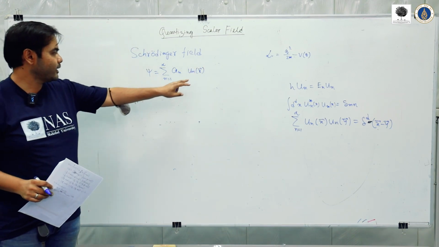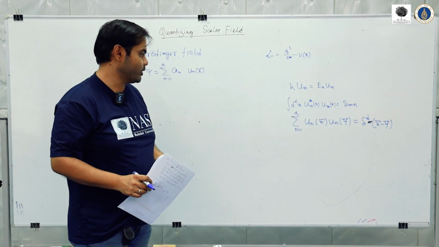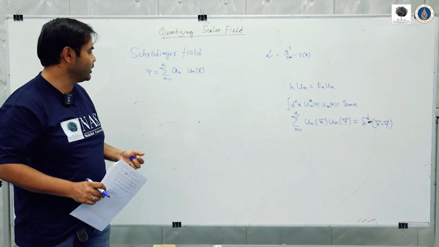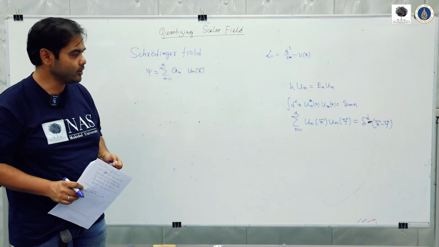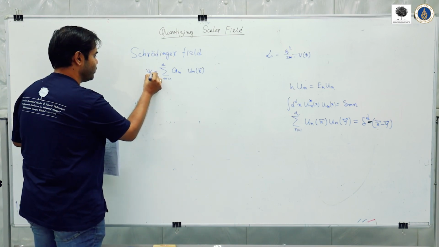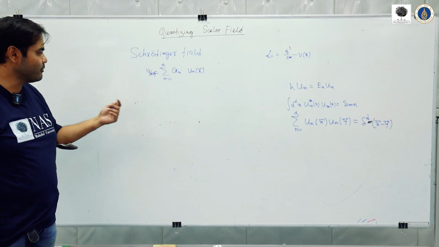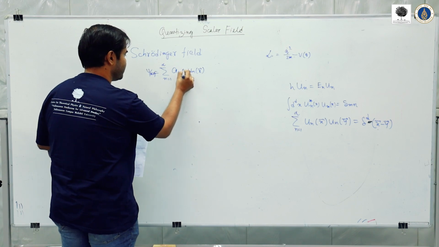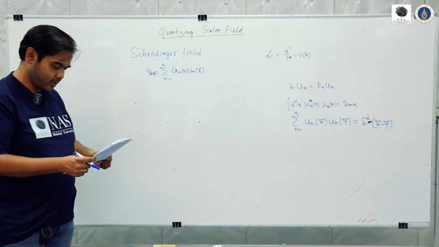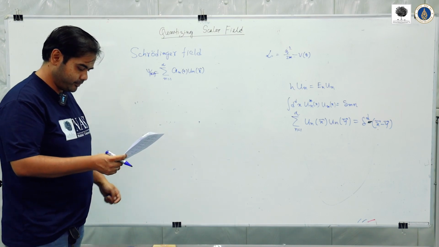Now, the un of x are eigenfunctions of the single particle Hamiltonian, and this Hamiltonian does not depend on time, as we know. So these eigenfunctions depend only on position, but we know psi depends on both position and time. So the time dependence can come from only one place: the expansion coefficients have to be time dependent.